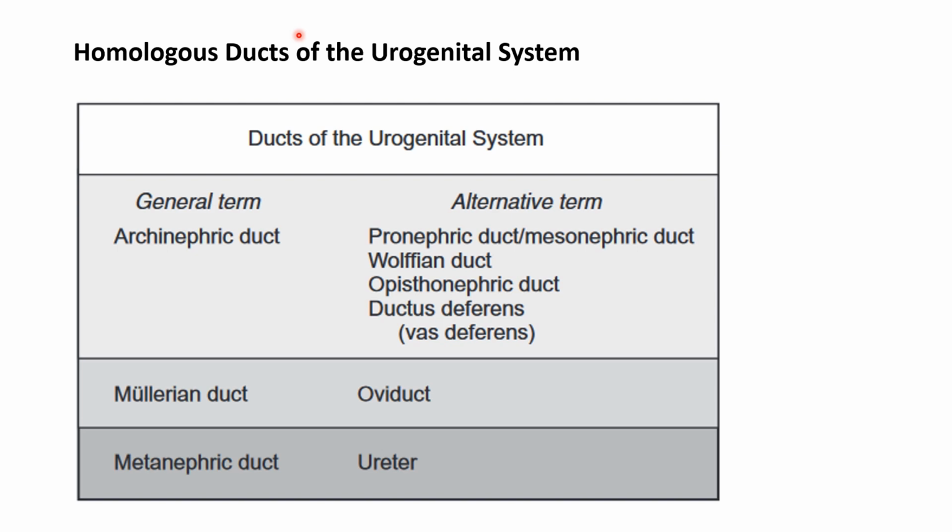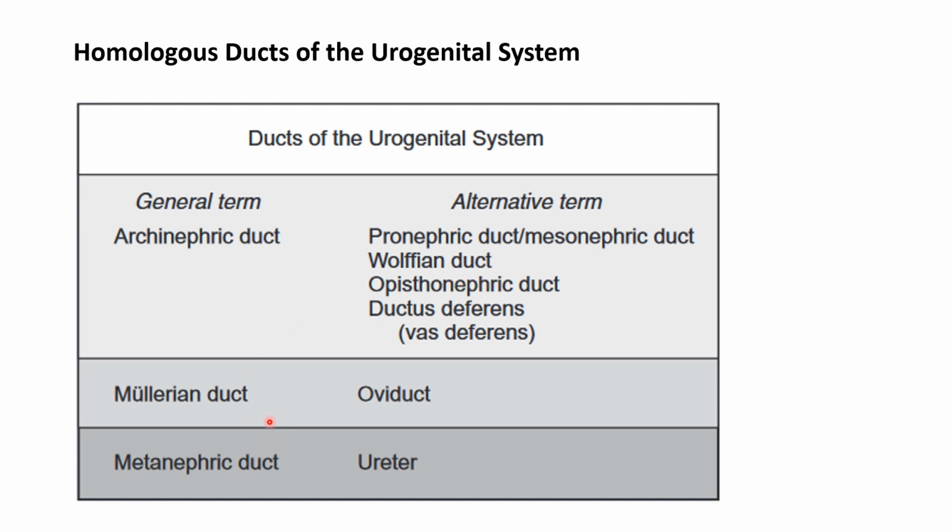In most male vertebrates, the mesonephric or archinephric duct also serves as a sperm duct, in which case it is often referred to as a vas deferens or ductus deferens, another changing name. The term Wolffian duct is also used in this sense.